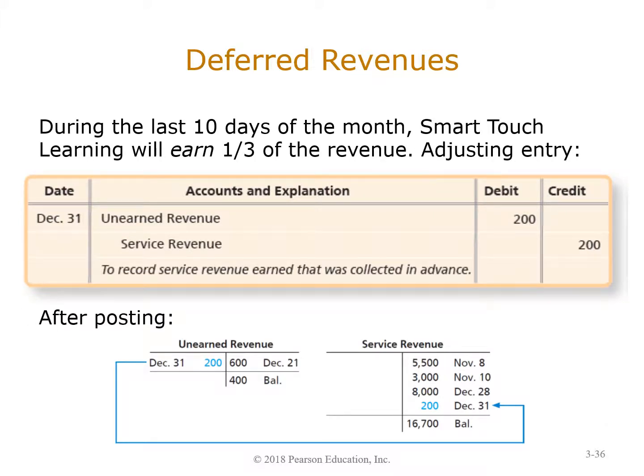Then during the last 10 days of the month, we will earn 1/3 of the revenue. So we will move 1/3 of the revenue out of unearned revenue. So we decrease a liability with a debit, and we will put it into service revenue for the portion of revenue earned. Remember, we increase revenue with a credit.